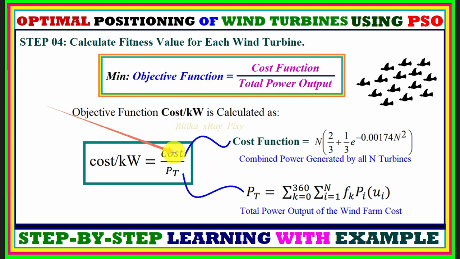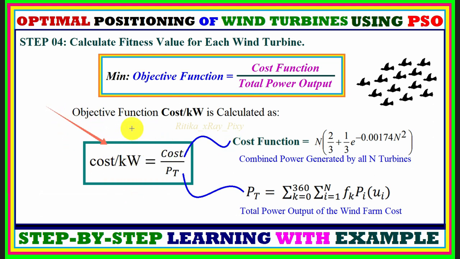This is the cost, that is the combined power generated by n turbines, and this is the cost function. Here n is the number of wind turbines, and this function is calculated as combined power generated by all wind turbines divided by total power output of the wind farm.